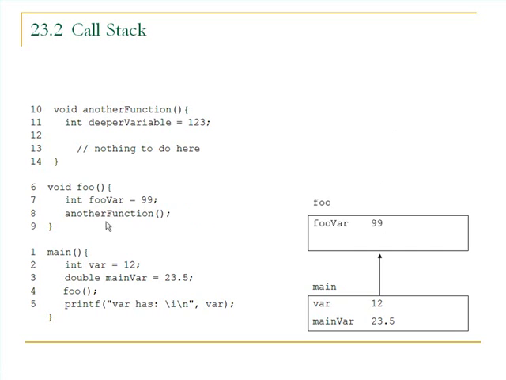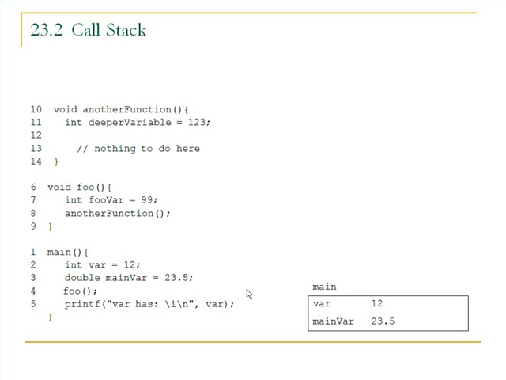Until we leave this function and we pop the stack again, and now we're back in the main function, and the variables that we had when we left are still there because they were stored on the stack, even though they weren't available when we were executing the other functions.